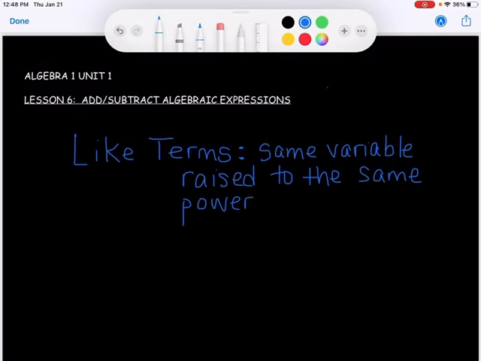So, for example, 2x and 15x are like terms because they have the same variable, x, and their understood power is a 1 here. Okay, so we can combine those. And when you do combine, you add your coefficient, which is the value in front of your variable.